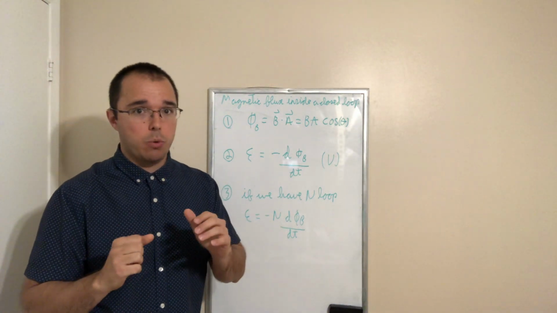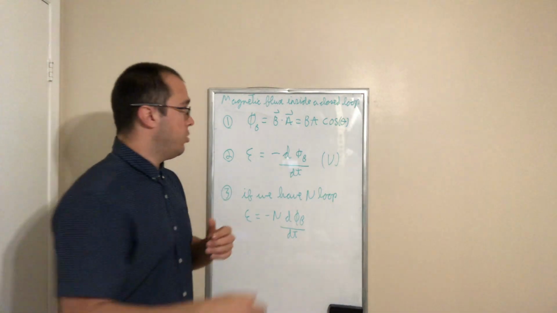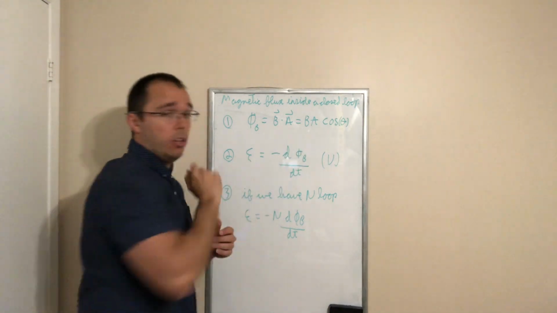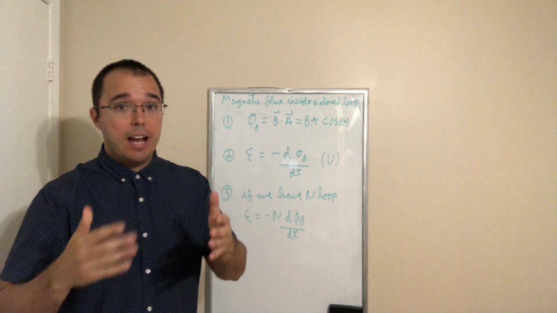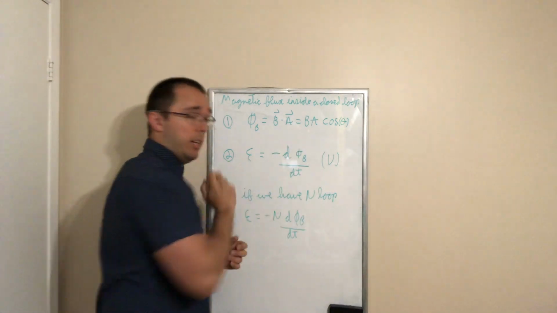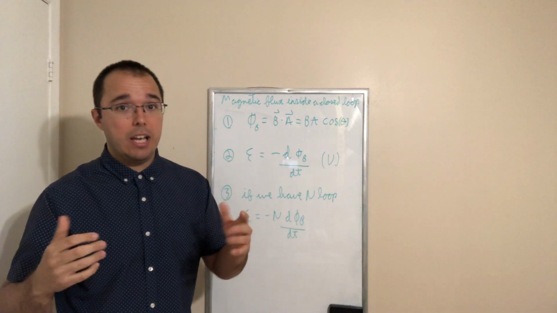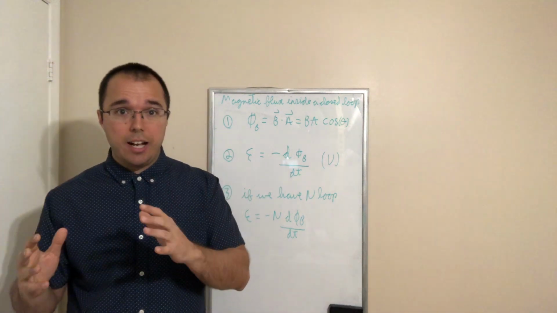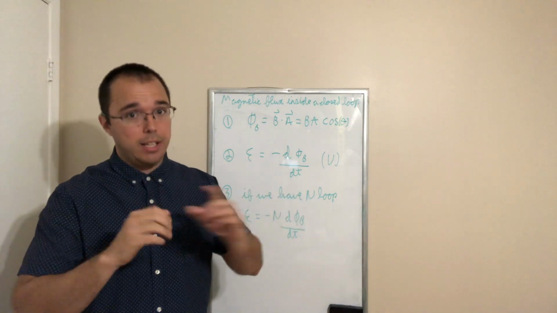In this course, at the beginning, we're going to see what is the effect of changing the magnetic field on the electromotive force. Then we're going to see what is the effect of changing the area on the electromotive force. And finally, we're going to consider what happens when we are changing the angle with respect to time on the electromotive force.